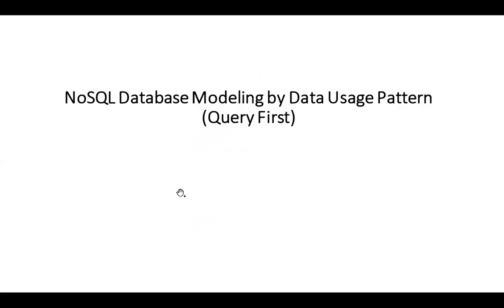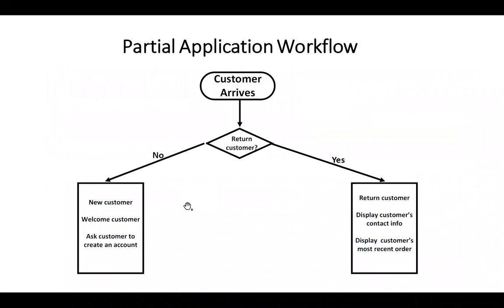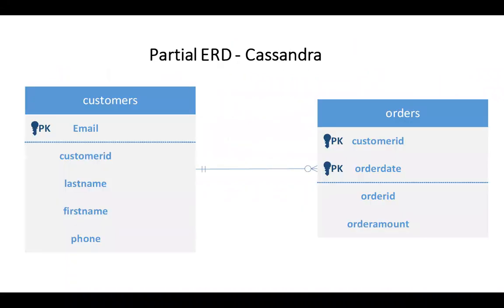Go back to the process. So we are at number 5 now. We have the details for creating an entity relationship diagram. Now we will create a diagram.